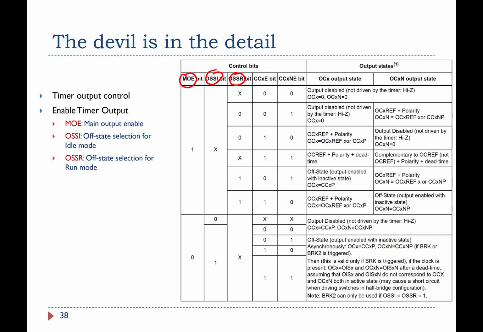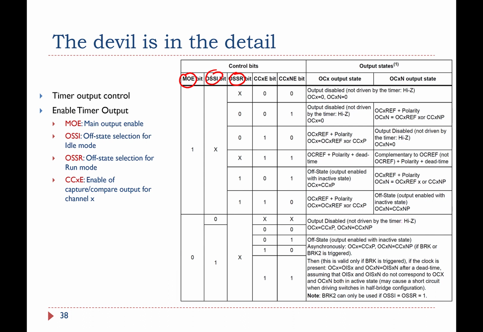And then finally, we have the CCxE and the CCxNE. So these are the enable of the capture and compare output or complementary output. The N stands for the negated output.